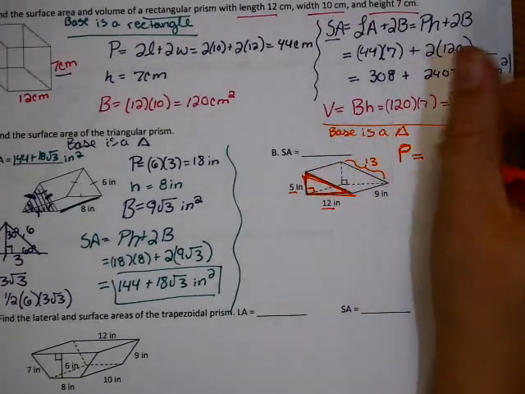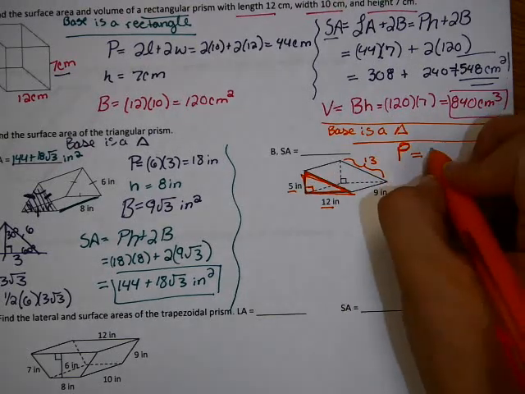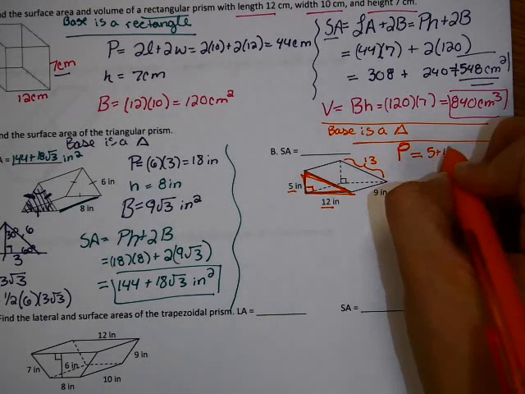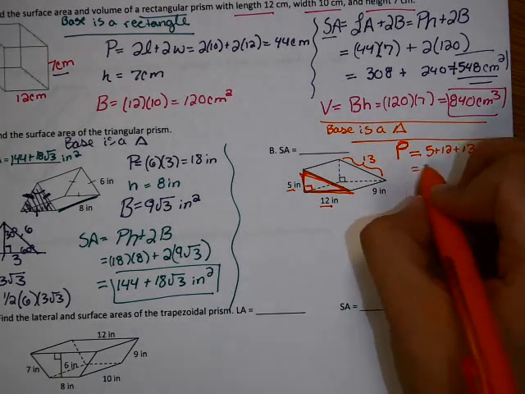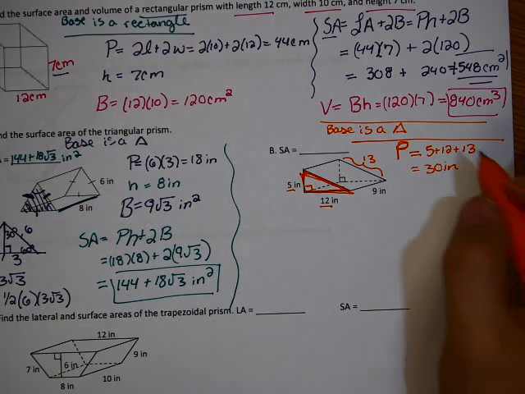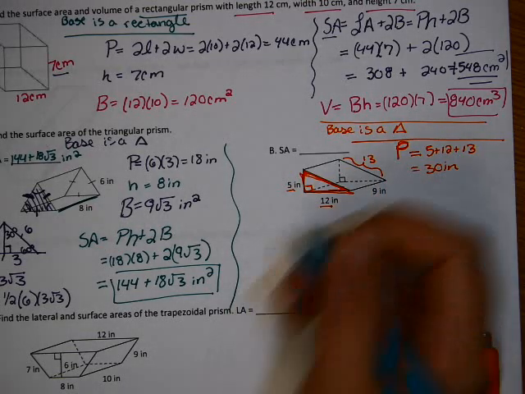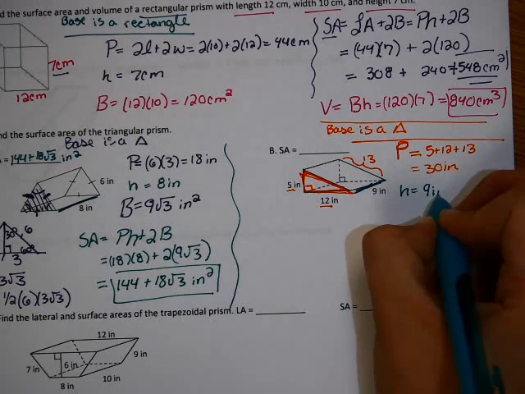So my perimeter of the base is 5 plus 12 plus 13, which is 30 inches. The height, you guys, is given to us, so h is equal to 9 inches.